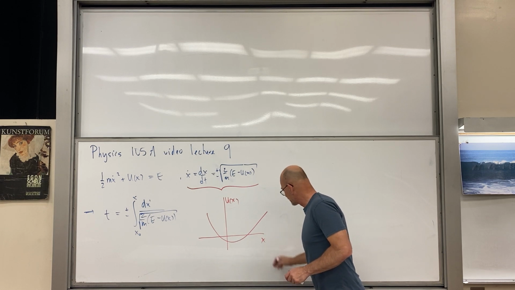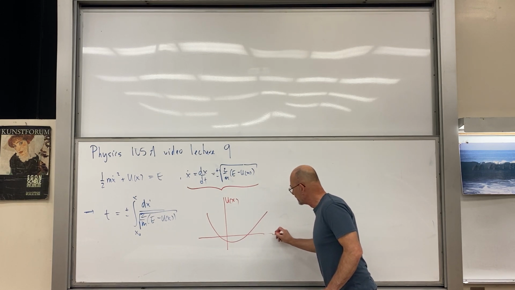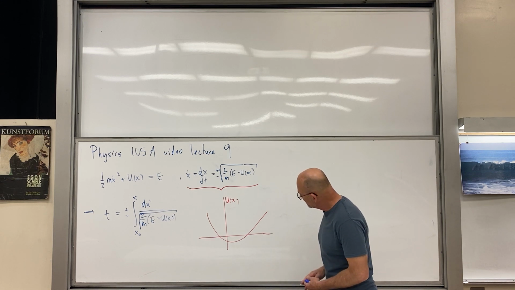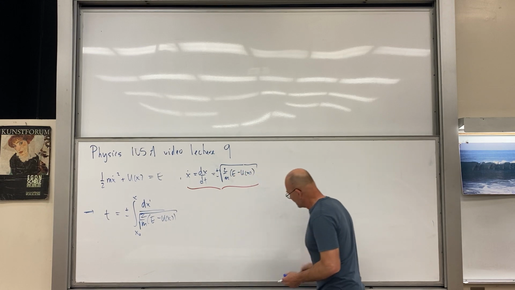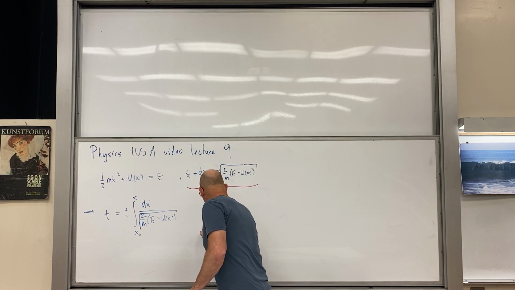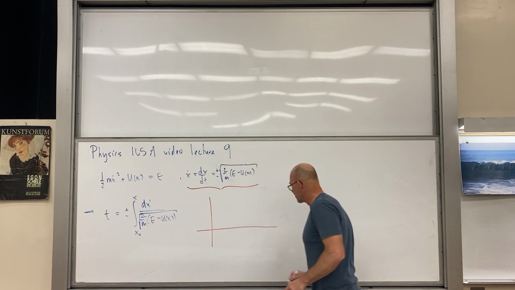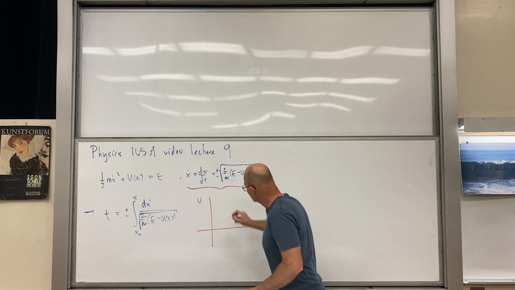Let the x go out here a little further. I deliberately made it, in fact, let's make it even less symmetrical. This is going to be a really classic one that we will see quite a bit of. Here's x, here's U of x.